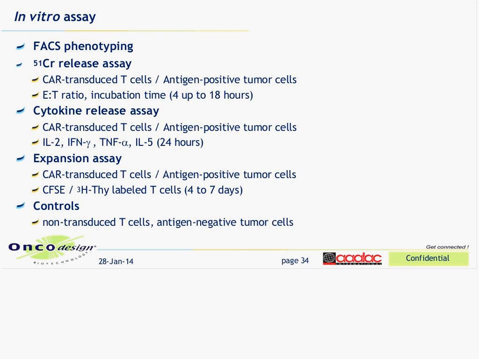So, in short, all the assays are dedicated to characterize the transfer system, so the cells, the T cells, and so type of the T cells, and also the functionality.